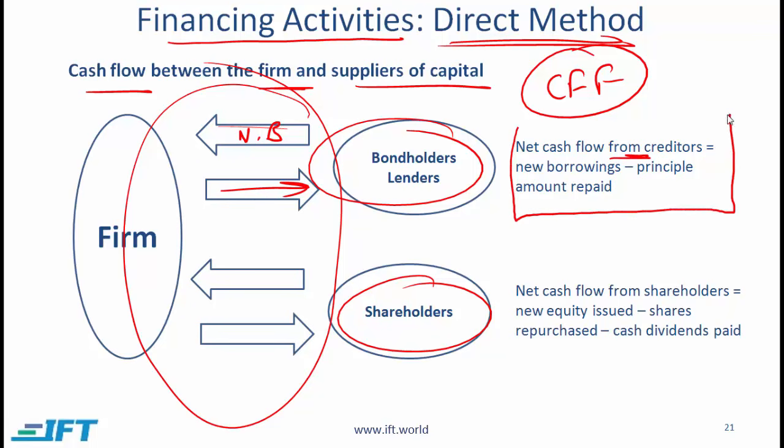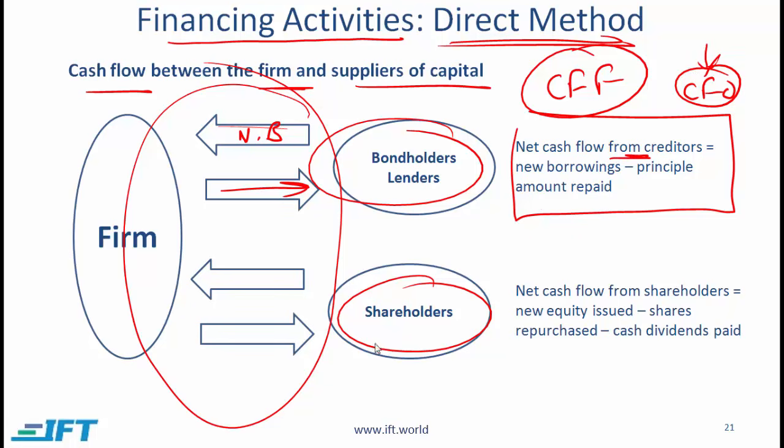In this particular scenario, we are assuming that any interest paid is shown on the CFO part of the cash flow statement. So this clearly is a US GAAP perspective, or it could also be IFRS, where we are assuming that interest is shown in the CFO segment.